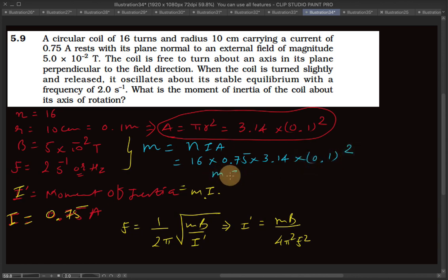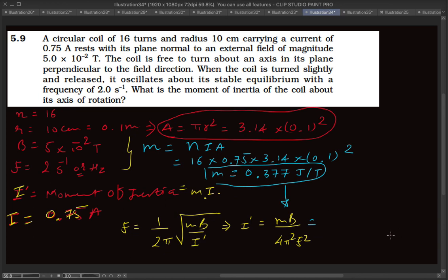So my magnetic dipole moment which I have received from this data is 0.377 joule per Tesla.